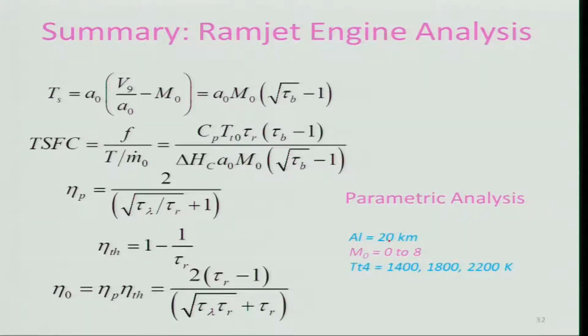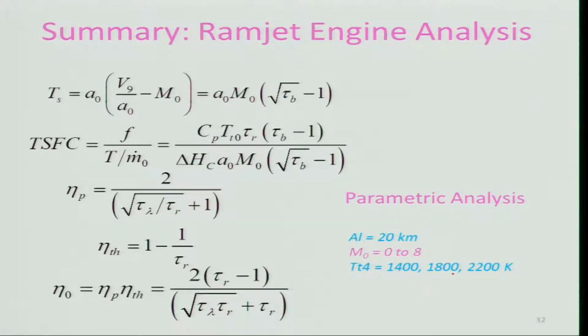data, that is altitude. Let's say a Ramjet is flying at an altitude of 20 km, generally it will be at higher altitudes. And the Mach number we are varying from 0 to 8, of course. 0 I can't really say, I have just taken it for completeness' sake, right? And TT4, that is the exit temperature of the combustor.